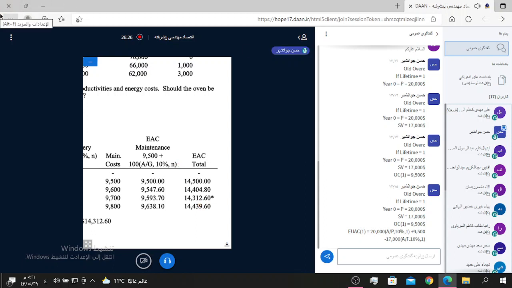For lifetime 4, we can find UAC4, this number.